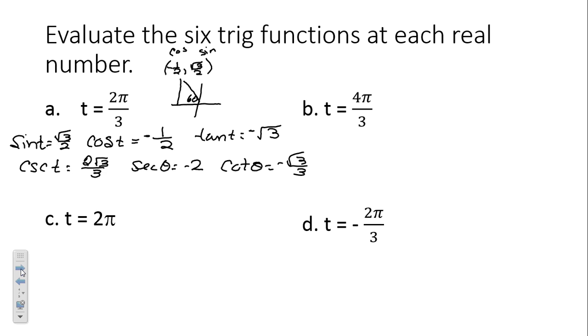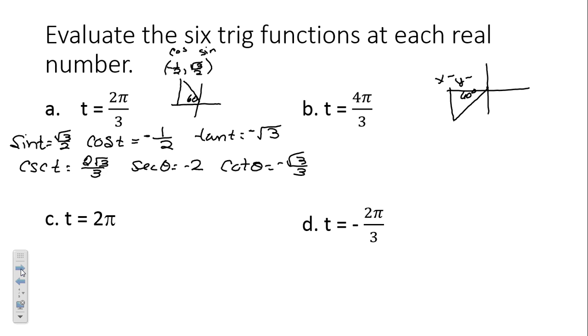this one, t is 4 pi over 3. Again, going to be a 60-degree angle, but where is it at? Lower left. So now you have to do the same thing, but you'll change your signs accordingly. Okay? Because now your x is going to be negative, and your y is going to be negative. Okay?